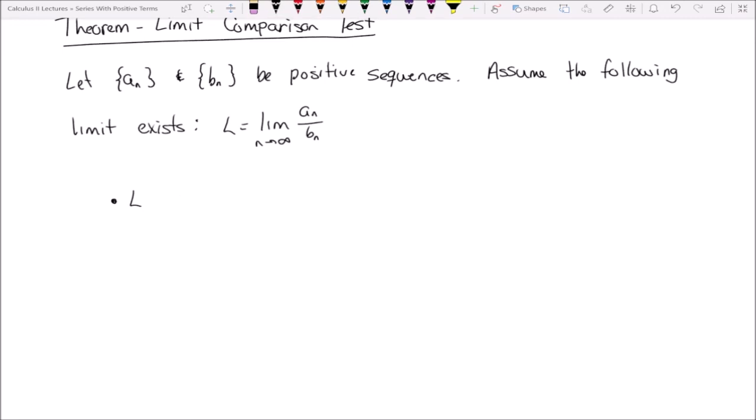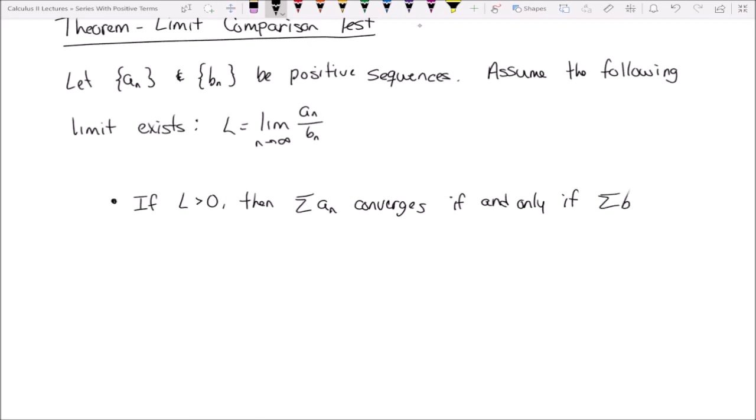If L is larger than 0, then a sub n converges if and only if b sub n converges.